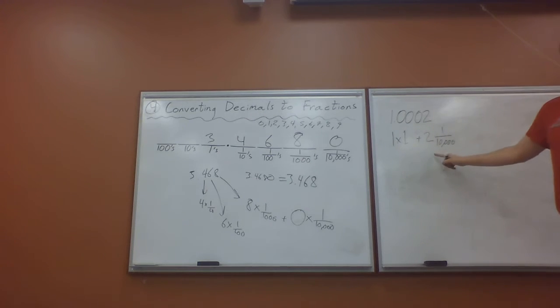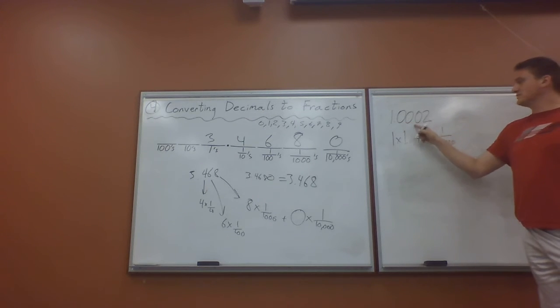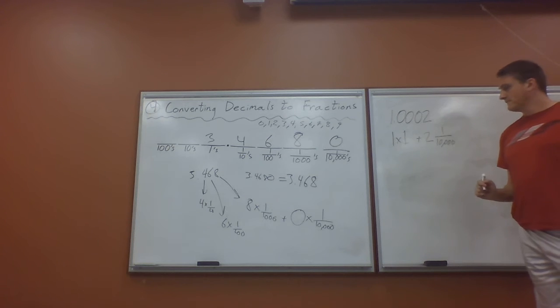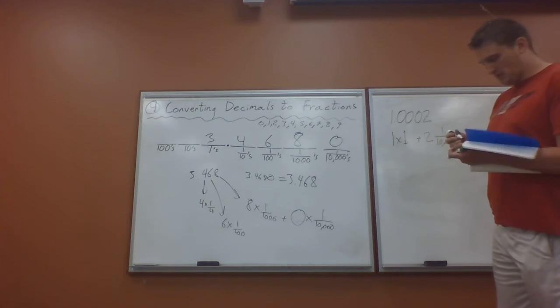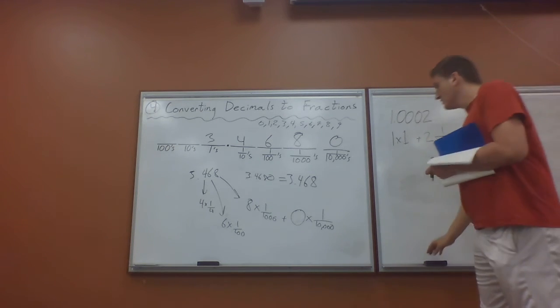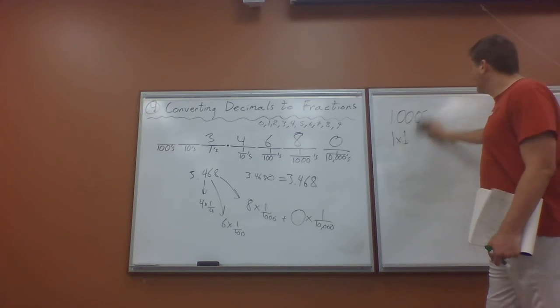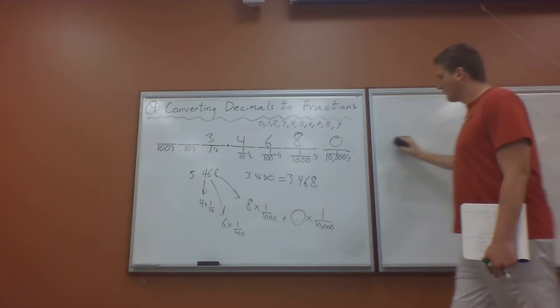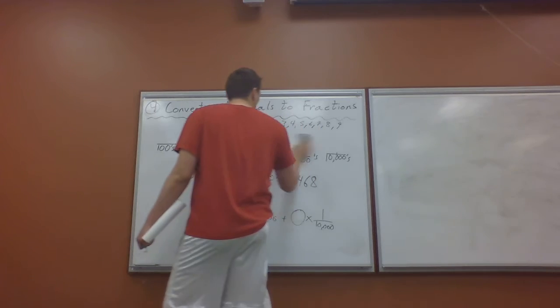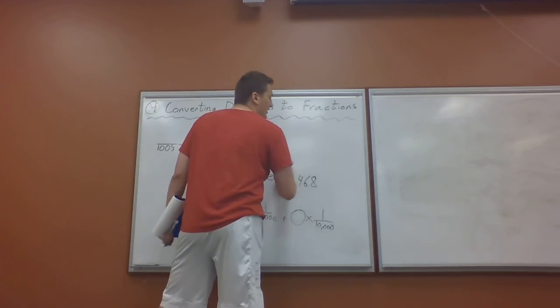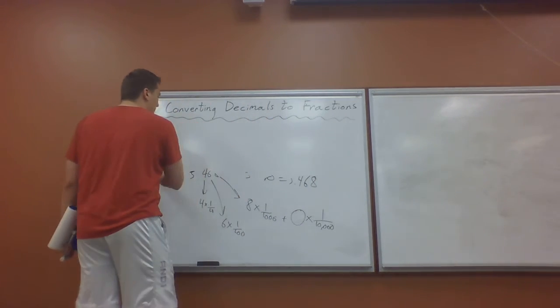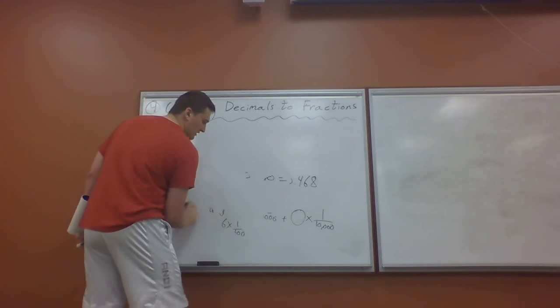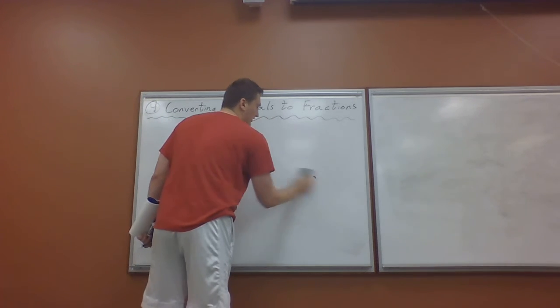And that's how I build the number 1.0002. So that's just some of the intuition behind it. If we know a couple of different conversions, I'm sure you'll be able to figure out the rest of our conversions.